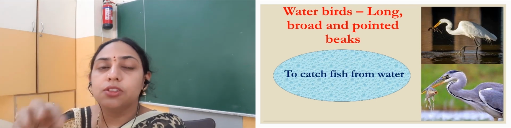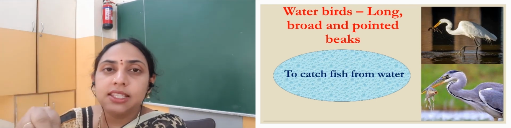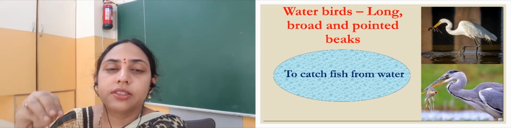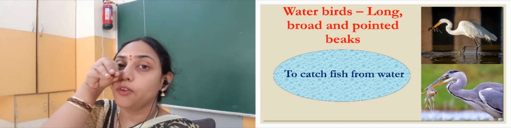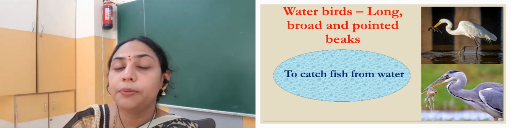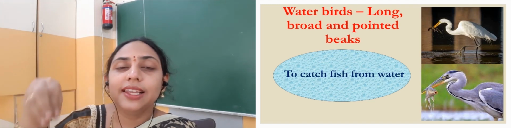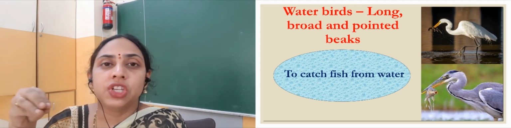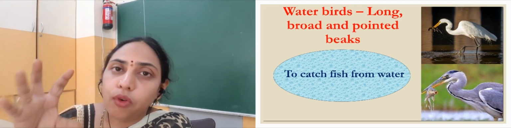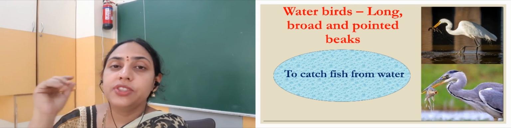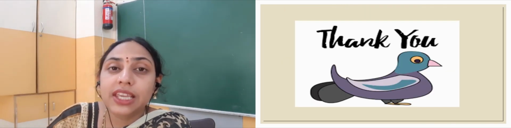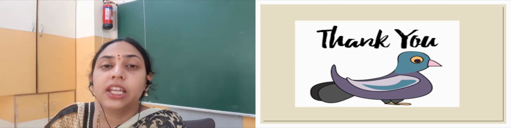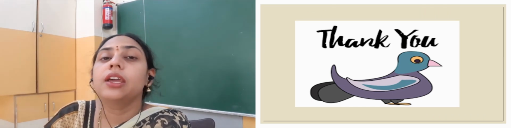Herons and egrets have long, sharp, pointed beaks so that they can easily catch the fish present in the water, right? So we have seen how different birds have different types of beaks, and it mainly depends on the food they are eating.